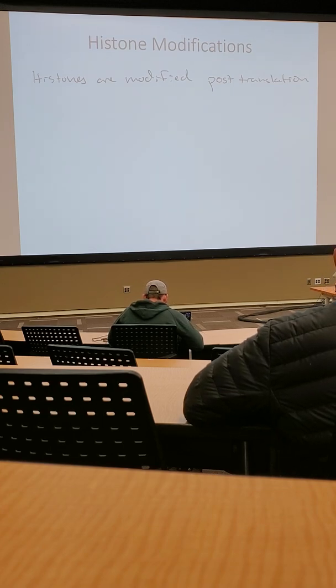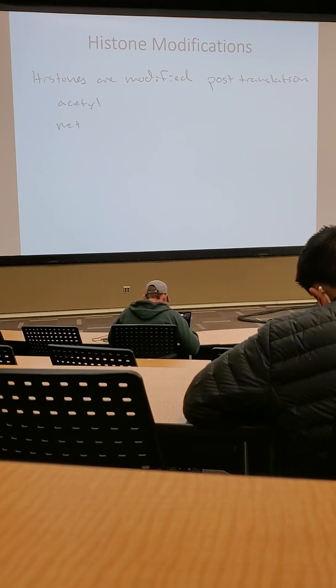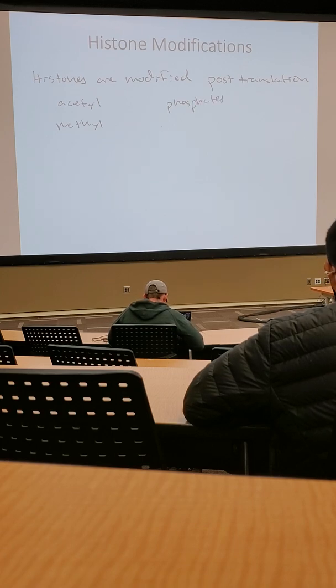The one we talked about mostly was acetylation. There is methylation though. There's also phosphate groups. What's important maybe about phosphate groups? Any ideas? That's the backbone of DNA.